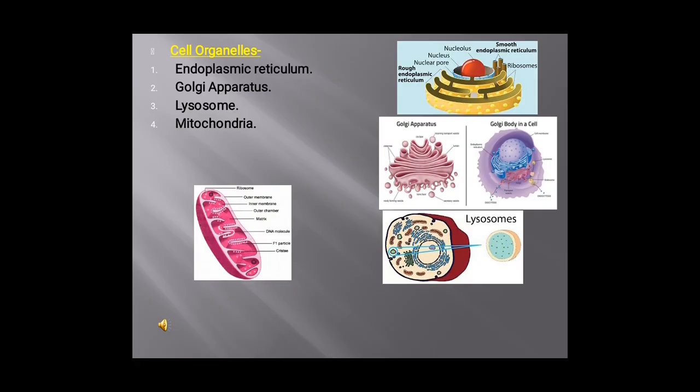There are two types of endoplasmic reticulum. First, smooth endoplasmic reticulum. Second, rough endoplasmic reticulum. These both are shown in picture number one.